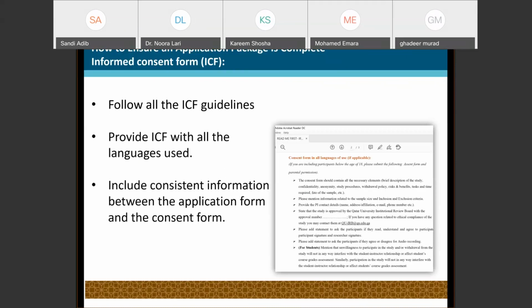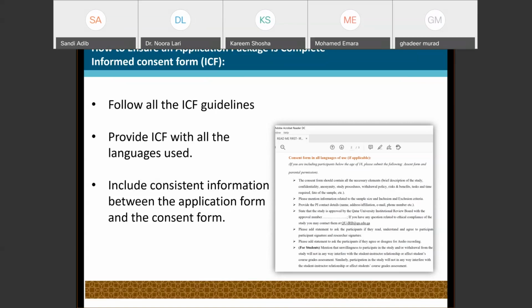Also, we always see some inconsistent information between the application form and the consent form. For example, sometimes in the consent form you mention that you might do an observation in the classroom, but this is not mentioned in the application form. Sometimes in the application form we see that you need to do an audio recording, but it is not clarified on the consent form.